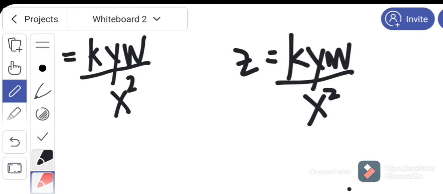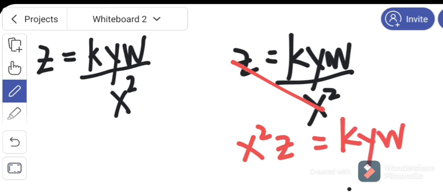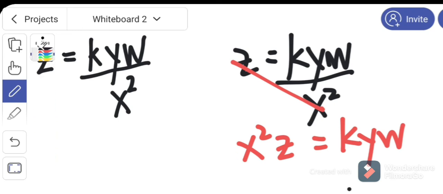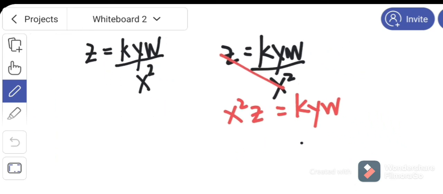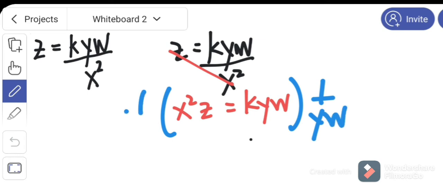We multiply this, so we have x squared z is equal to kyw. Then we are going to eliminate the variables beside k. To find k, we multiply 1 over these two variables, yw, on both sides of the equation.